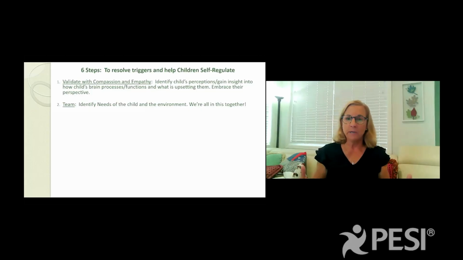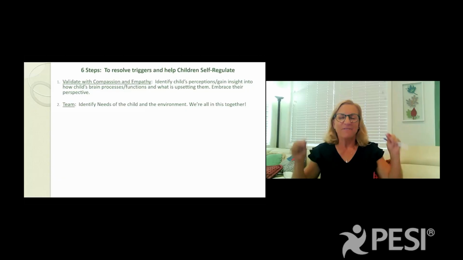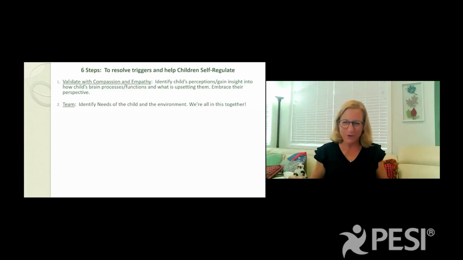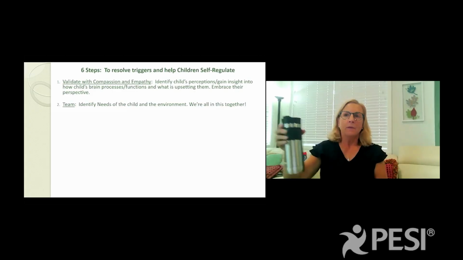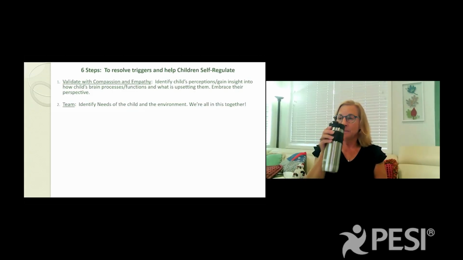The very first step in his model is validating with compassion and empathy, which is vitally important. How often do we forget to do that? More often than you think. And people often don't think about validation as a therapeutic intervention, and yet it is one that has research behind it and everything.